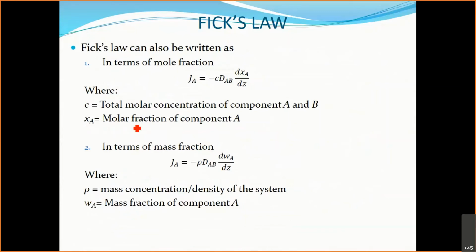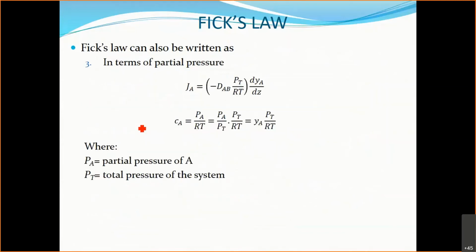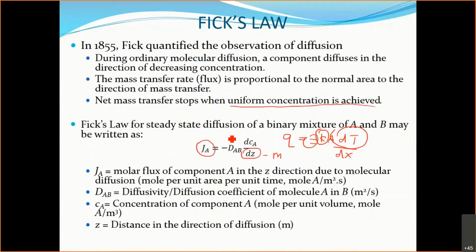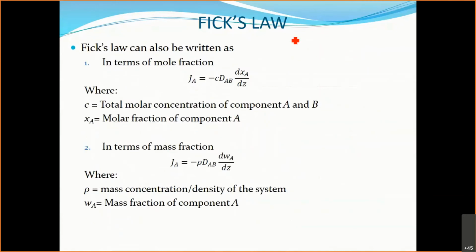Now Fick's law is a little bit special because it can also be written in terms of mass fraction, weight fraction, and in terms of partial pressure. Looking at this equation, JA is equal to negative DAB dCA over dZ. This CA value is our concentration value.